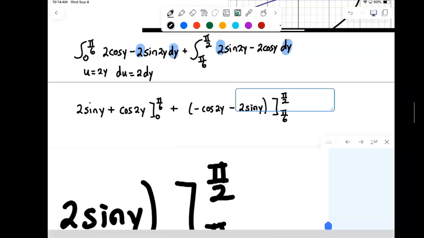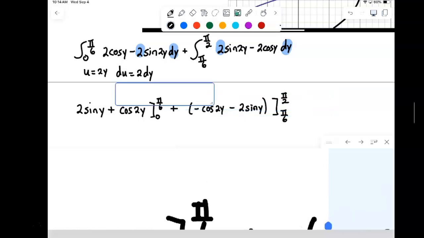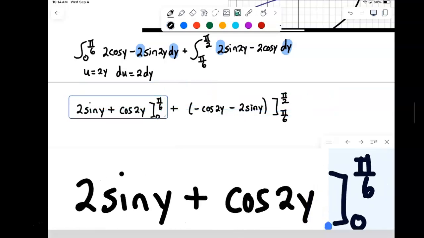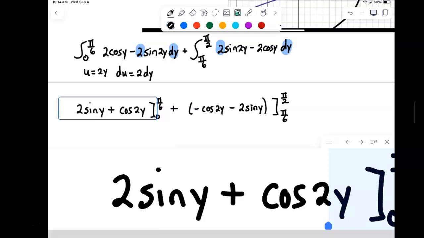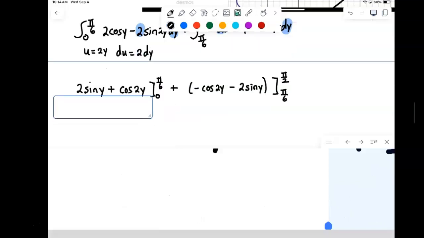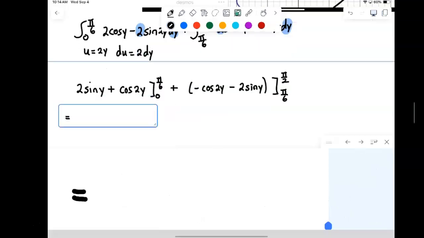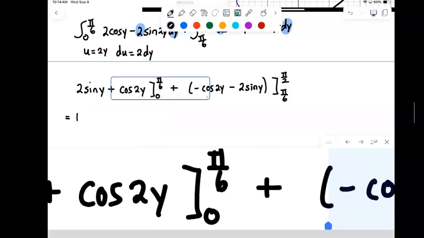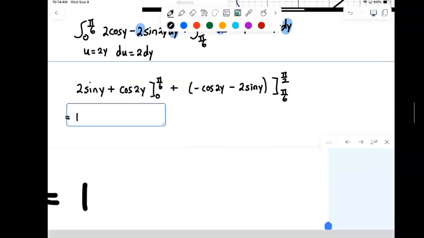All right, and then we start doing our computation. First off, we plug in pi over 6. Sine of pi over 6 is 1/2. 1/2 times 2 is 1. Plus cosine of 2y. 2 times pi over 6 is pi over 3. So cosine of pi over 3 is 1/2.